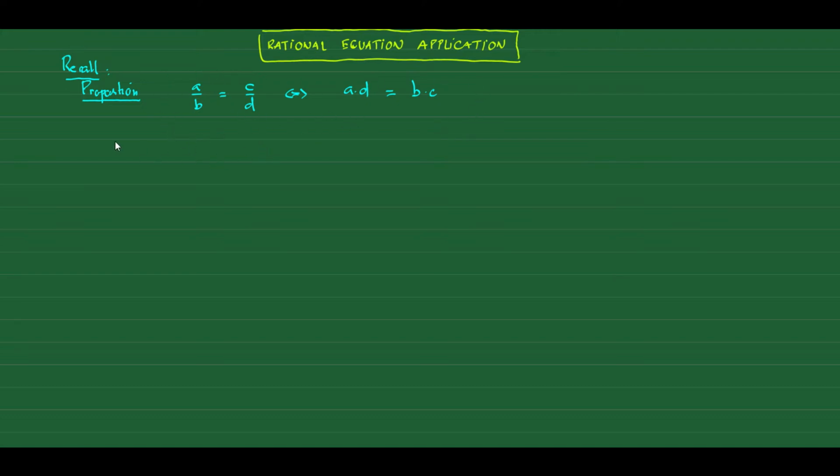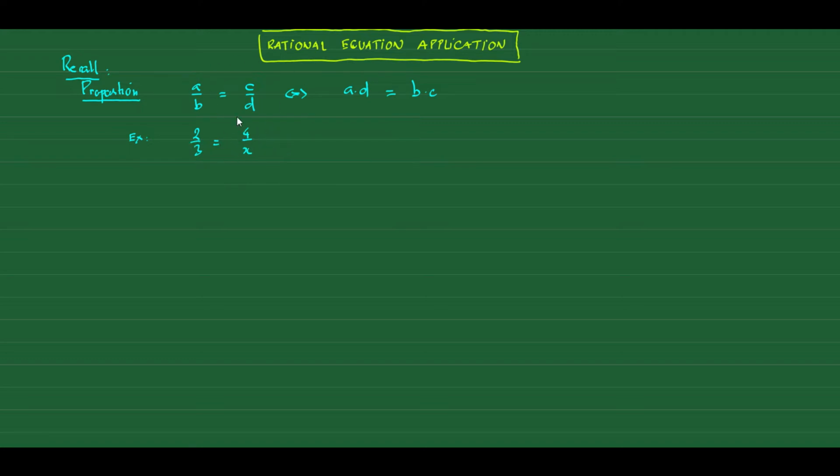Okay. Now think about that. If we have one of the variables here as x, and the other one is just a number, for example 2 over 3 equal 4 over x, and we want to solve for the variable x in the denominator. This is a very basic, simple rational equation, because one of the conditions for an equation to become a rational equation is that the variable x must be in the denominator.